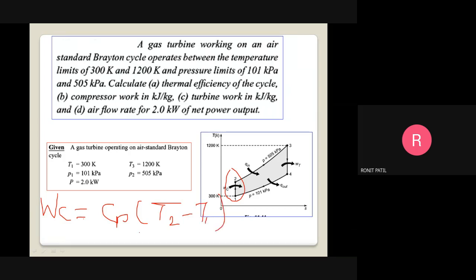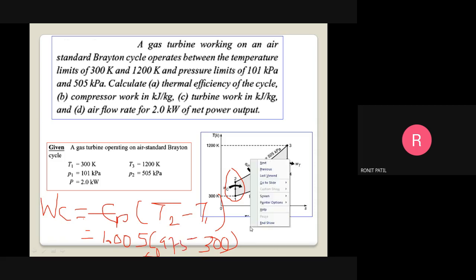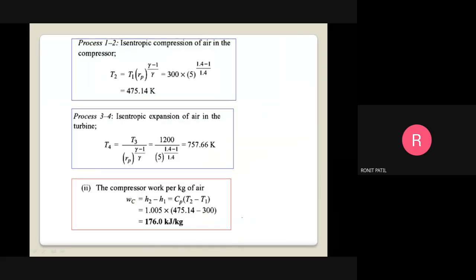The value of Cp you should know by heart. It is 1.005. So 1.005 into (T2 minus T1), T1 is 300, T2 is 475, which we have just found out. So I think it is near about 175. So we are getting compressor work as near about 175, so 176 kilojoule per kg is the compressor work.